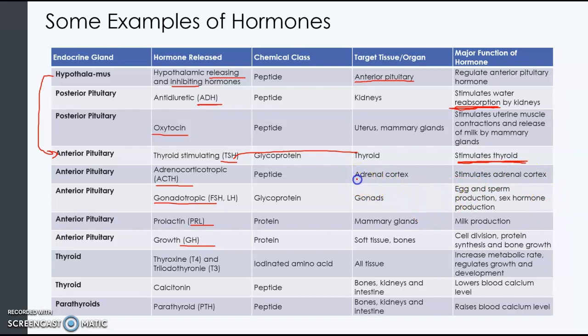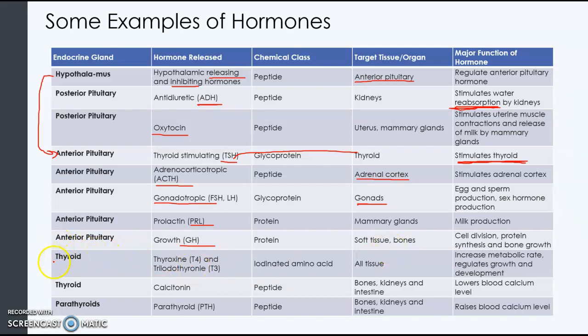The adrenal cortex produces stress hormones like cortisol and epinephrine. The gonads produce estrogen and testosterone. Gonads are testis and the ovaries. And then the mammary glands produce milk, and the soft tissue and bones are stimulated to grow by growth hormone.